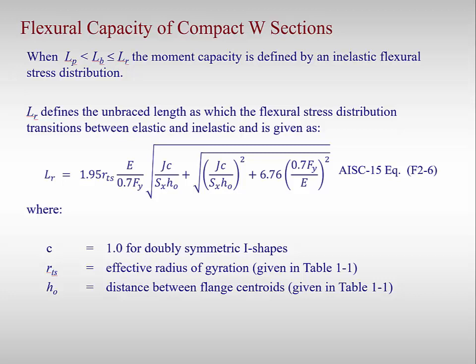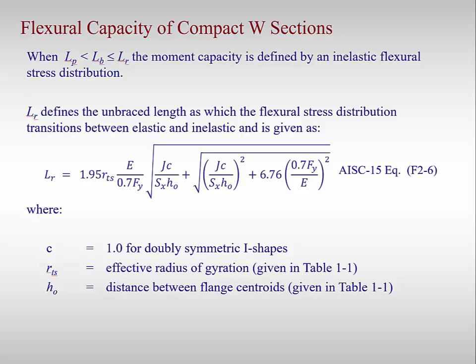L sub R, as defined by equation F2-6, defines the limit between inelastic and elastic behavior, or the lower end of the inelastic region. This equation gets a little complicated due to all the terms that are in it. Note the presence of the 0.7 F sub Y term in the equation. This takes into account residual stresses, which are assumed to be 30% of Fy.